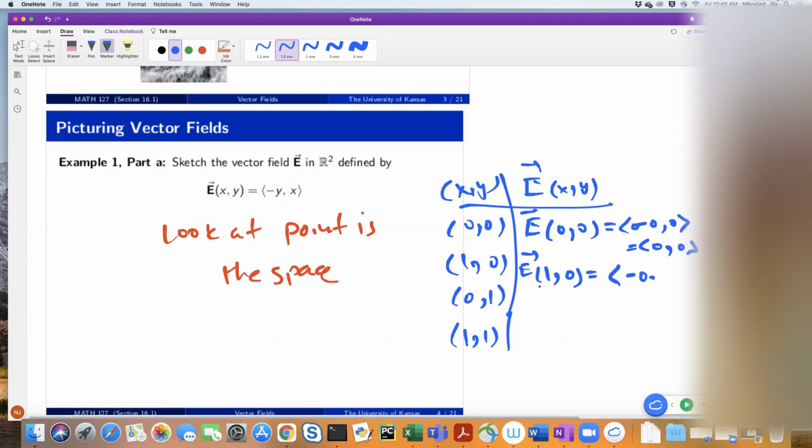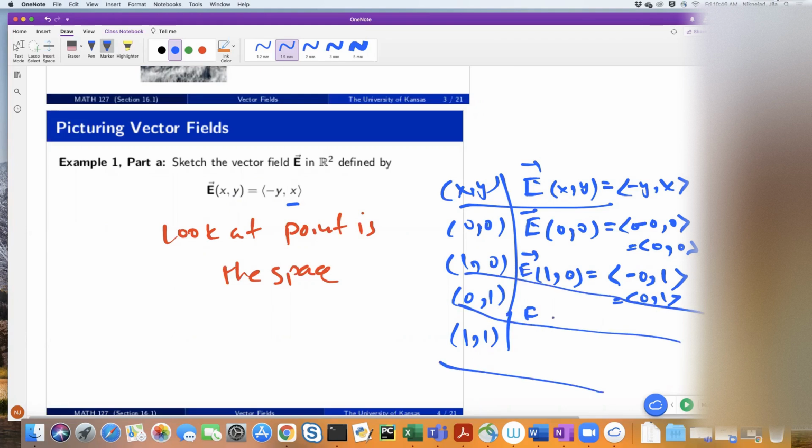Negative 0. And x. Remember, it's negative y and x. Negative y is 0 and x is 1. So it's 0 and 1. Okay, I'm out of time. But that's how we start.